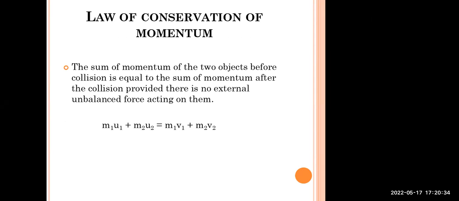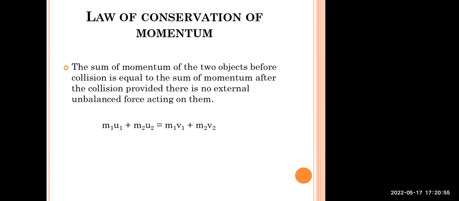The statement of the law is: the sum of momentum of two objects before collision is equal to the sum of momentum after collision, provided there are no external unbalanced forces acting on them.